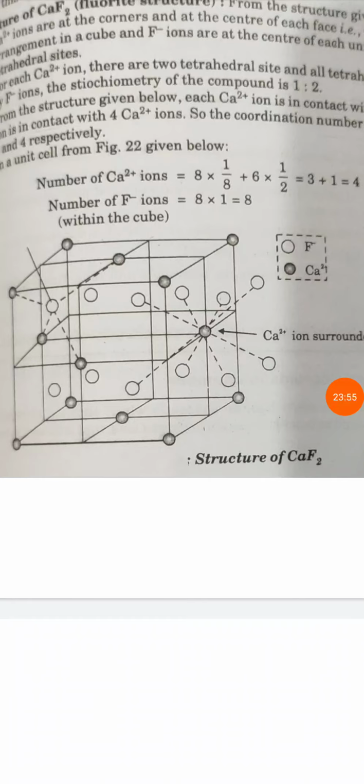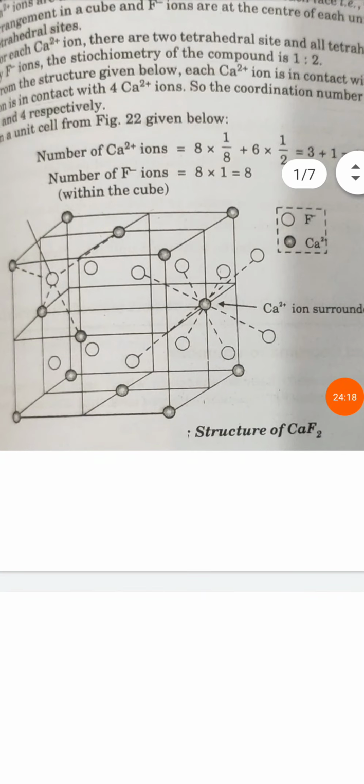If the value is lower than 0.414, the coordination number changes from 6 to 4, and if the value crosses 0.732, the coordination number changes from 6 to 8. Thus the radius ratio value helps in predicting the most stable arrangement of ions in an ionic solid.